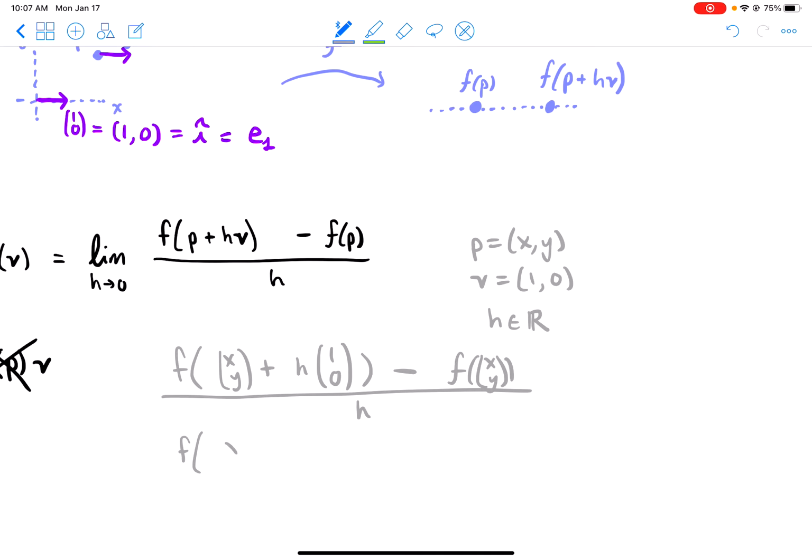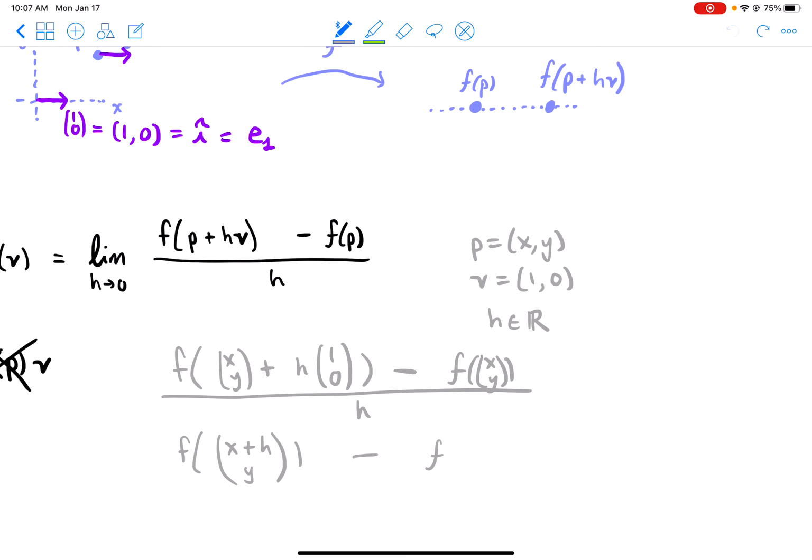Well, x plus h, and then y plus 0. Pause for a moment. Do you see how I made this into this? Okay, and then this will just stay the same.